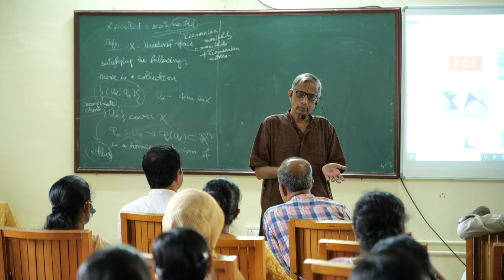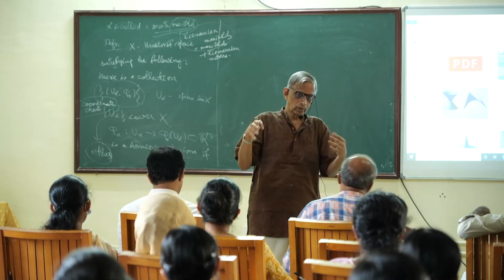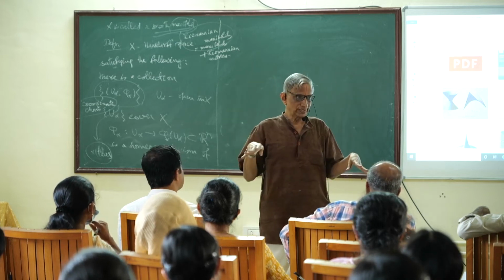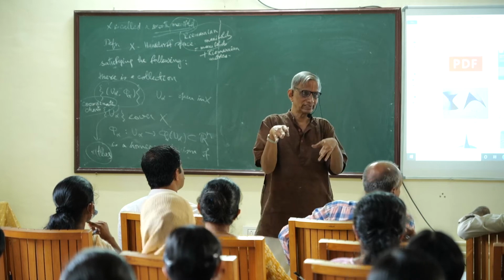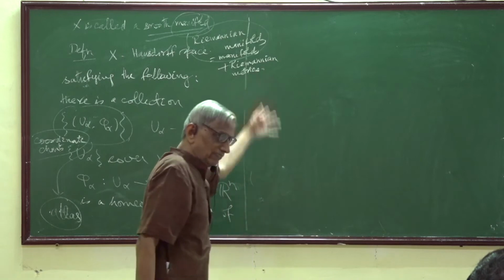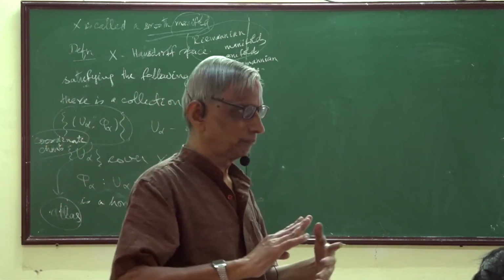The only thing is how do you take over these coordinates in the Euclidean space to coordinates on the surface. That's all. So in practice, in our setting, we actually will be going in the opposite direction.